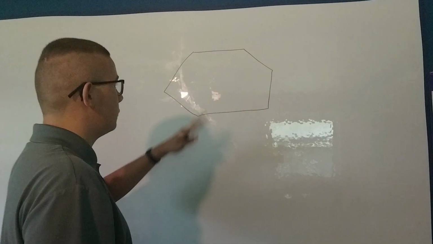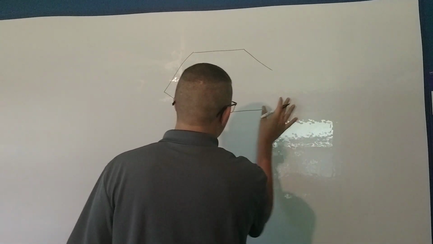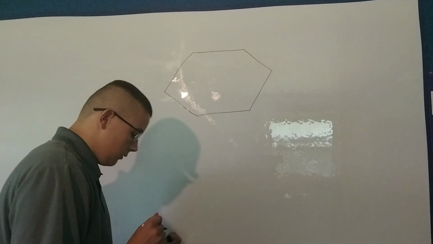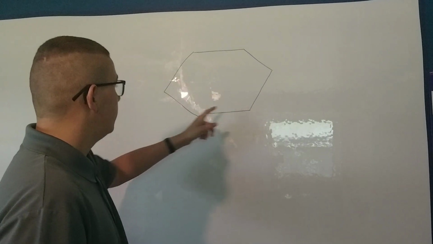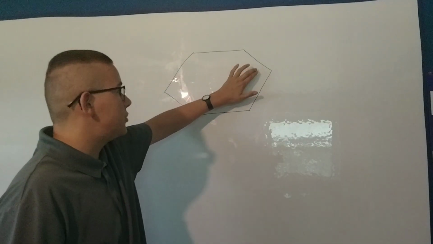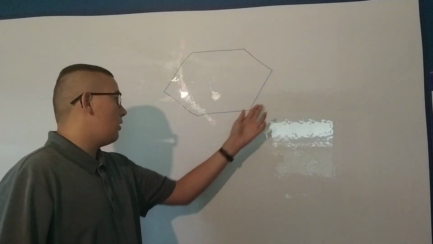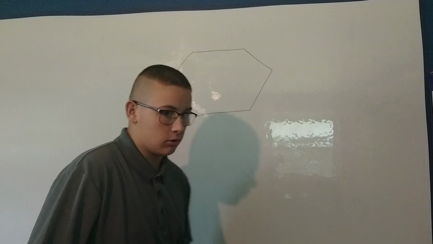And if we assume this is regular, I know it's not. It's actually terribly off. Let me try to fix that side a little bit. If it's regular, that means all these angles are the same measure, so it's equiangular, and all the sides are the same length, so it's equilateral.